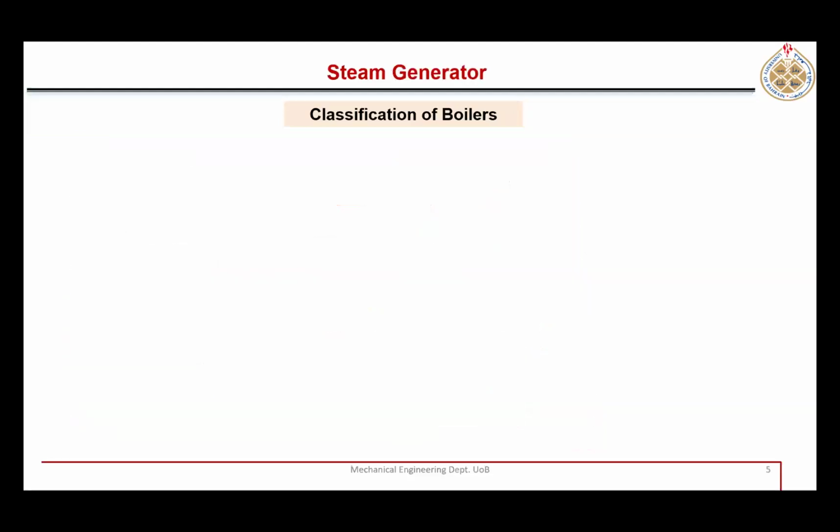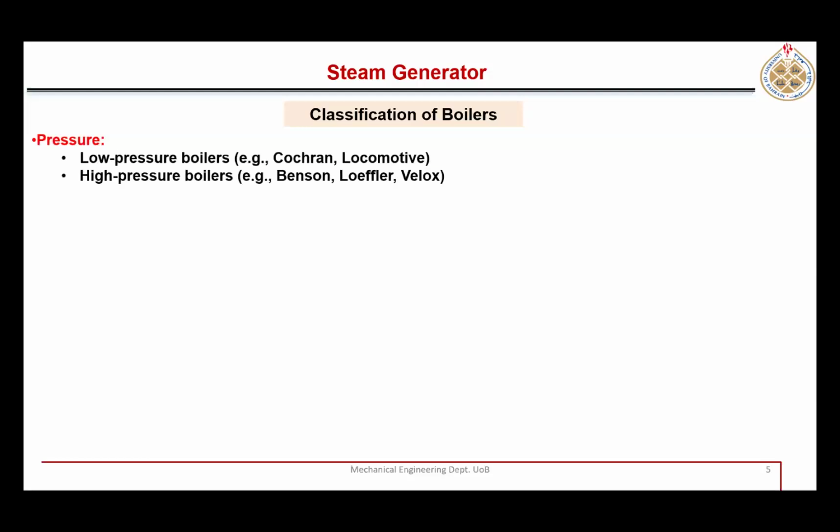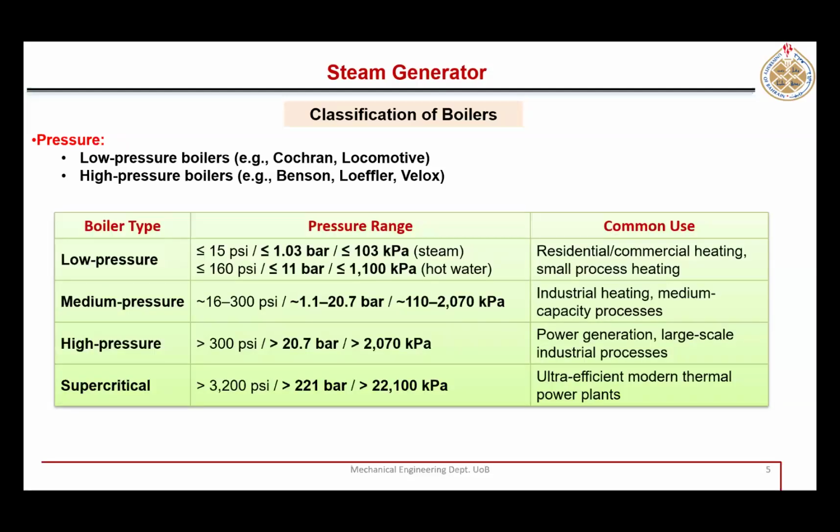Now let's further see. We can also classify boilers on the basis of pressure. For example, some boilers are low pressure boilers, some boilers can be classified as high pressure boilers. Their names are mentioned here. So, what is typically meant by low pressure or high pressure? Here are some values of those pressure ranges.